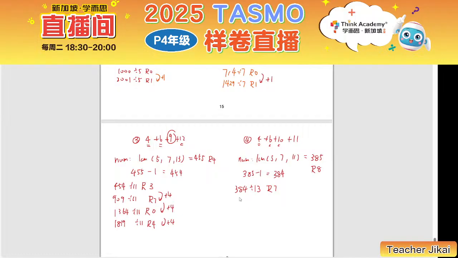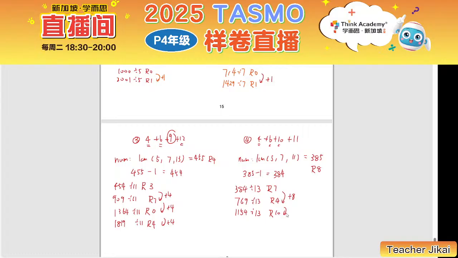remainder 7 here. And also plus a 385, right? 769 divided by 13, remainder 4. Or you can just plus an 8 here, right? So again, 1154, you add another 385 into it. So then you can see, divided by 13, remainder 10, right?